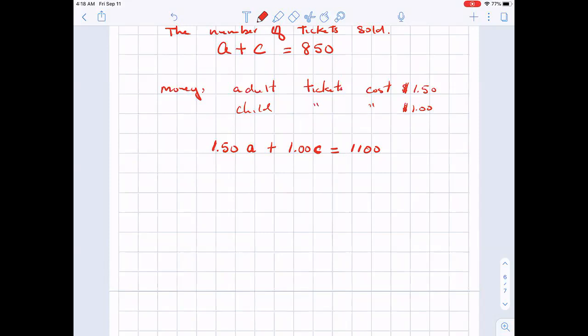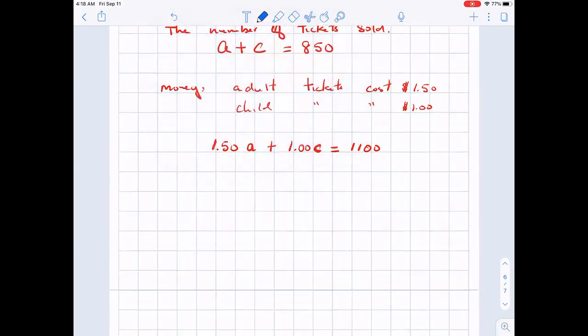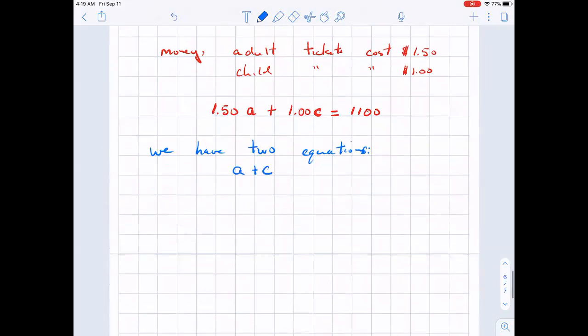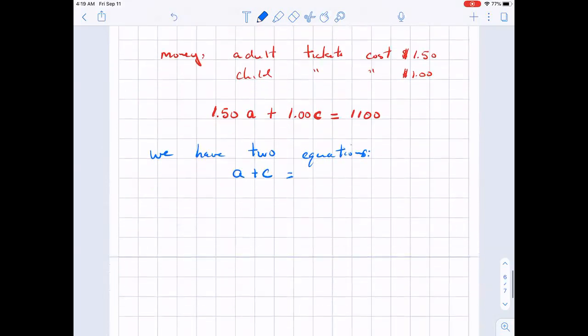So we now have two equations. My two equations are as follows. A plus C is equal to 850 and 1.50A plus 1.00C is equal to $1,100.